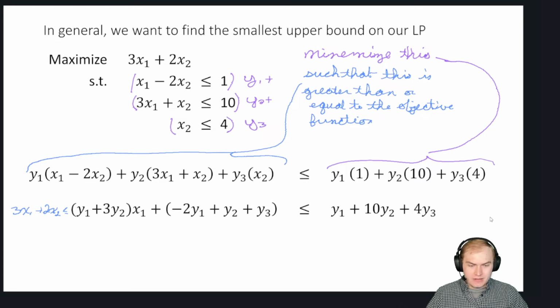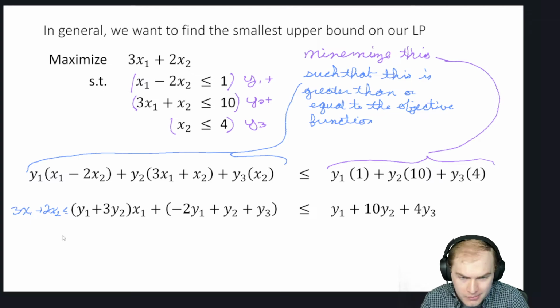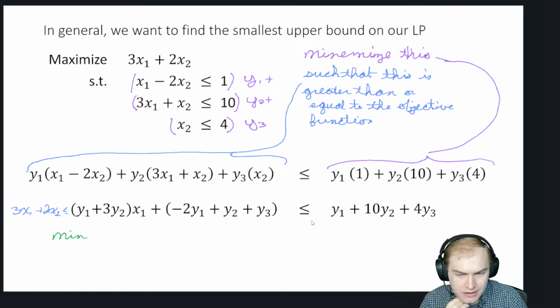And that sounds kind of like a linear program. We want to minimize something such that something else is true. So let's think about that. We want to minimize the right-hand side, which is y1 plus 10y2 plus 4y3.